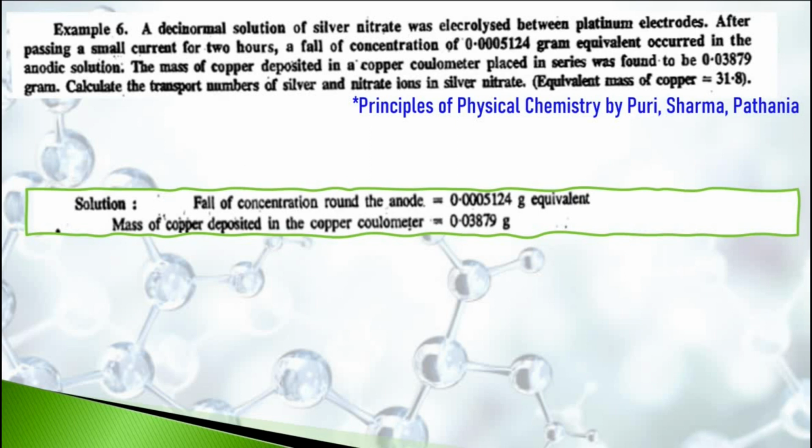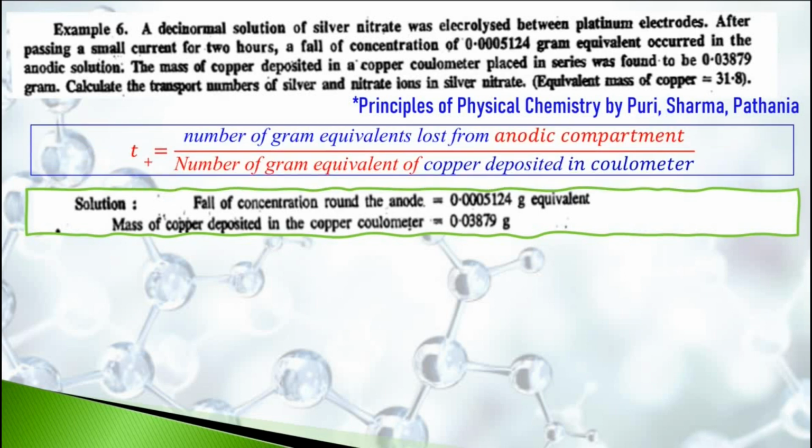Now, the formula used in Hittorf method is given here. To calculate the transport number of the cation, in this case silver ions, we need the number of gram equivalents lost from the anodic compartment, which is given here. This is the loss from the anodic compartment and it is given in terms of gram equivalents. So we know this particular quantity.